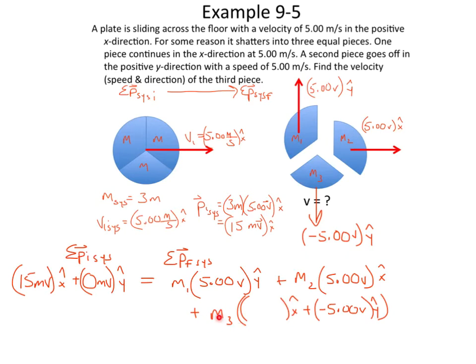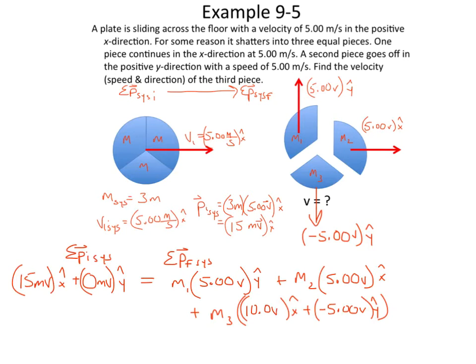But what has to be true then, in order for that to be balanced, is that the velocity must be greater in the x direction. What can we do to this velocity right here to have this be 5 mv and this be something to add up to 15 mv in the x direction? Well, we've got to put a 10 in here. 10 meters per second. Oh, you know what? I broke my rule. 10 velocity, we'll just say.